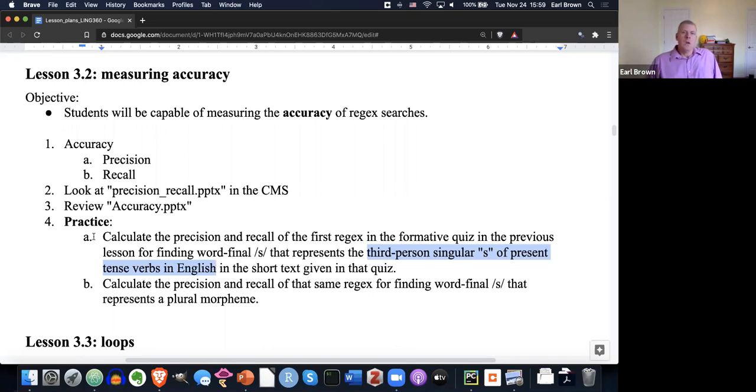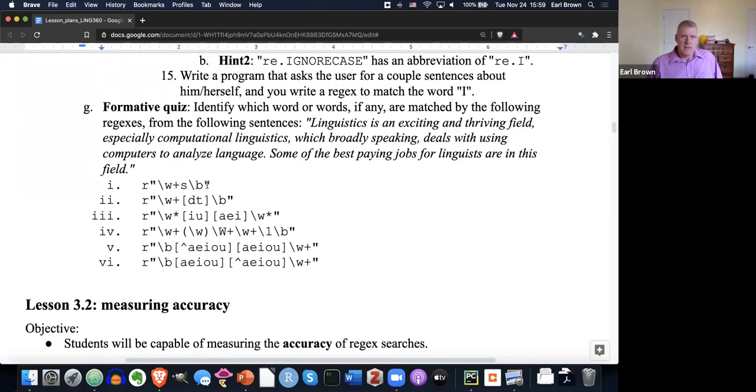So going back to the quiz from the previous lesson, we had these two sentences, and here's the first regex, and that was to try and find words that end in S, right? Alphanumeric character, to review regexes, one or more times, followed by an S, followed by a word boundary, meaning at the end of a word.